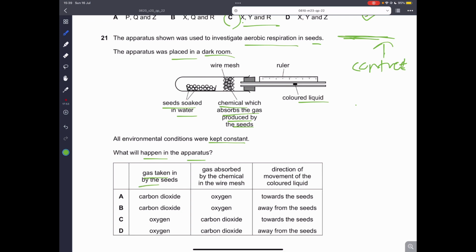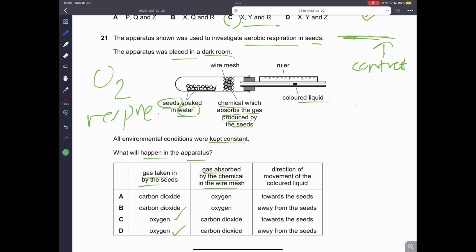Well, remember here we see the seeds and water. This means that the gas taken in by the seeds is oxygen, because they are respiring. So the gas taken in by the seeds is oxygen.